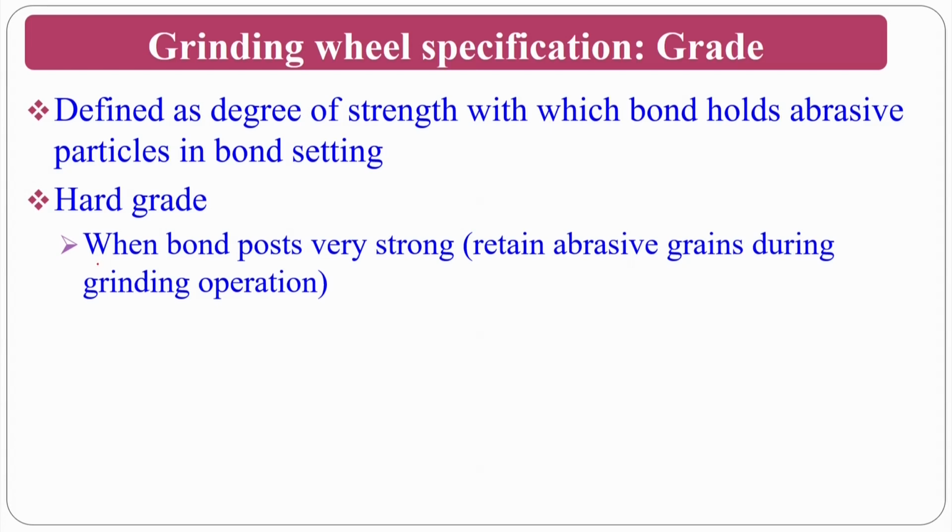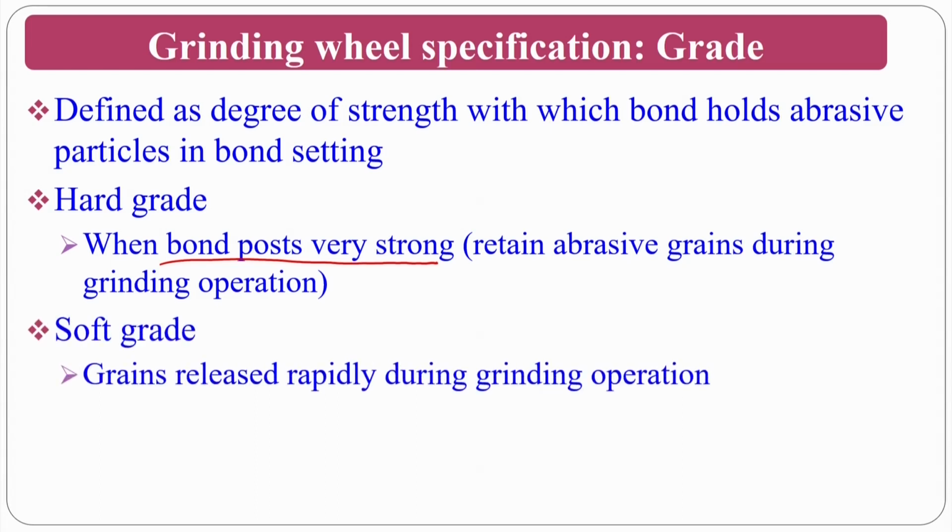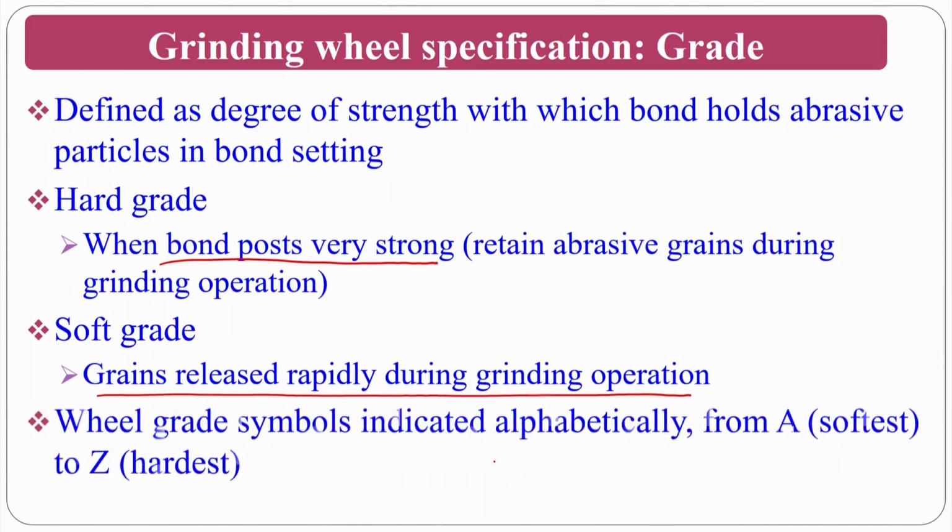Hard grade means it is held very tightly, the bond has very strong strength. If it is a soft grade, grains are released rapidly during the grinding process. Wheel grade symbols run alphabetically from A to Z, that is, softer to harder.